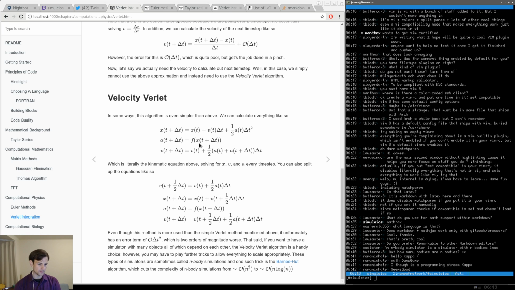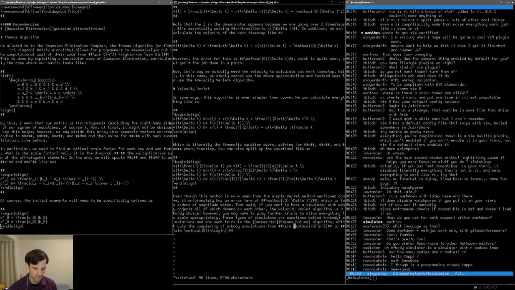That said, if you want to have a simulation with many objects, all of which depend on each other, moving in each other's force fields, no, that doesn't make any sense.